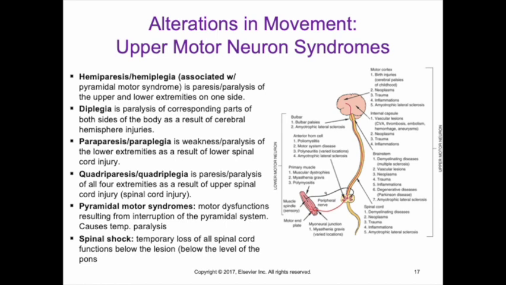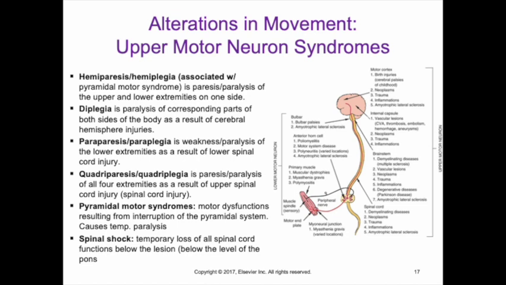So when you think of hemiparesis or hemiplegia, this is upper and lower extremities, but only on the one side. But para is talking just about the lower extremities. Quadriparesis or quadriplegia is the result of all four extremities, upper and lower, and it usually is a result of an upper spinal cord type injury.